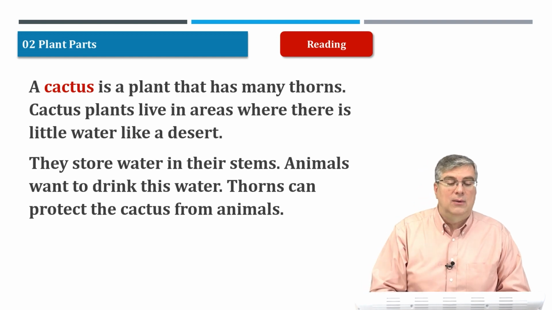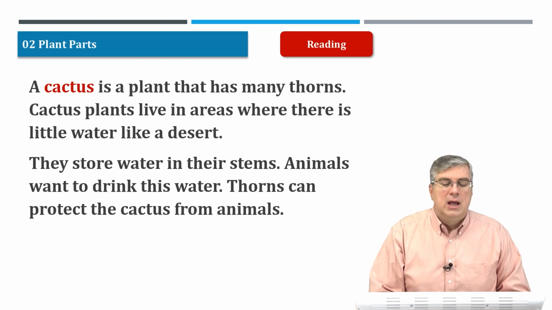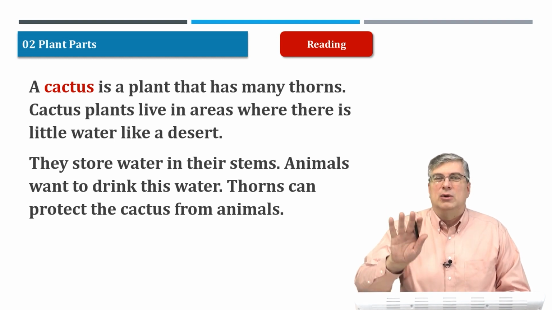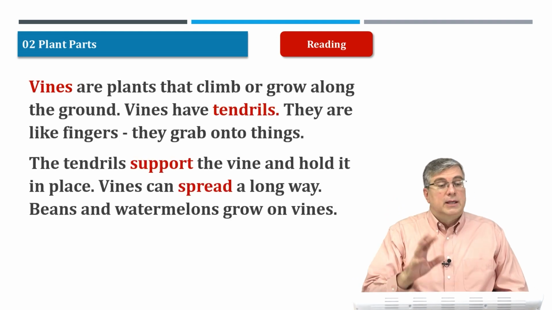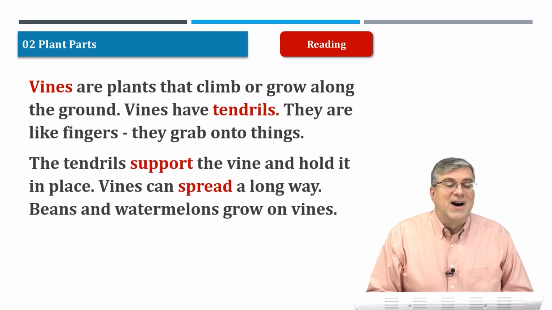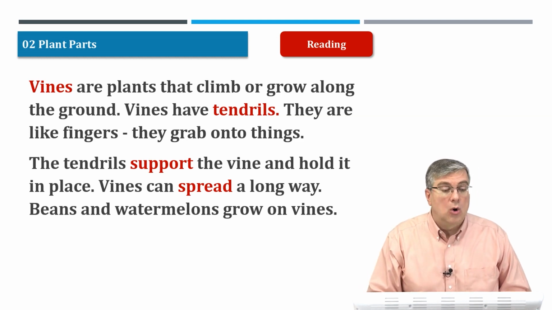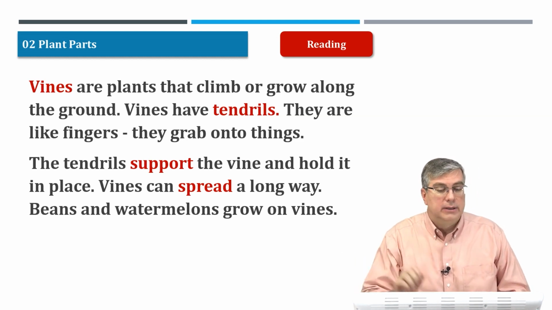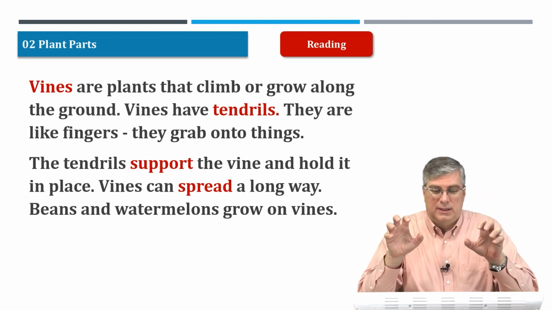Yeah, we talked about that, right? Animals want to drink the water in the cactus. Thorns say to the animals, stay away. Okay, let's continue. Vines are plants that climb or grow along the ground. Vines have tendrils.